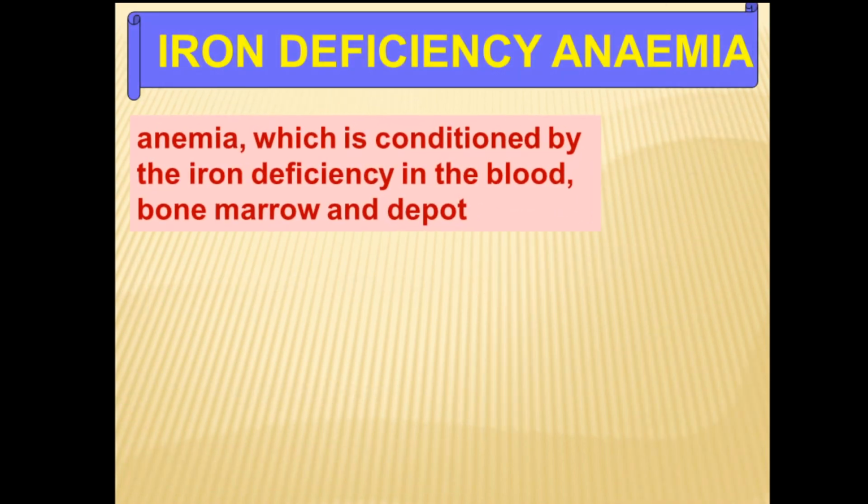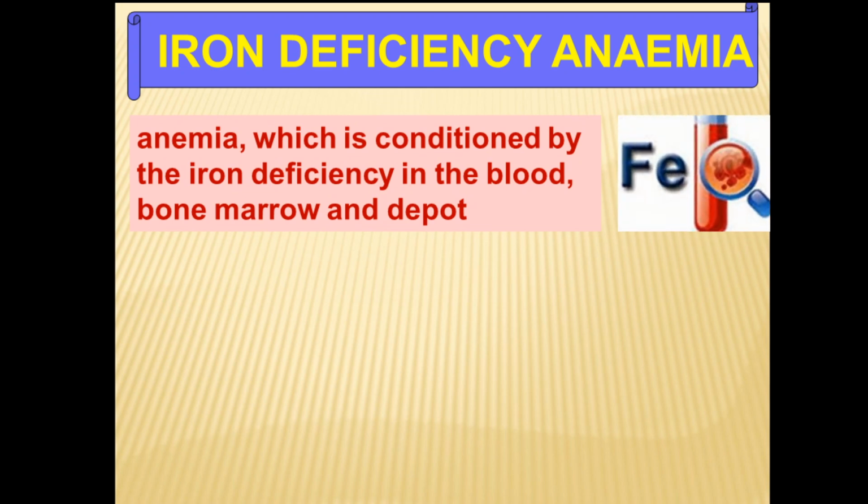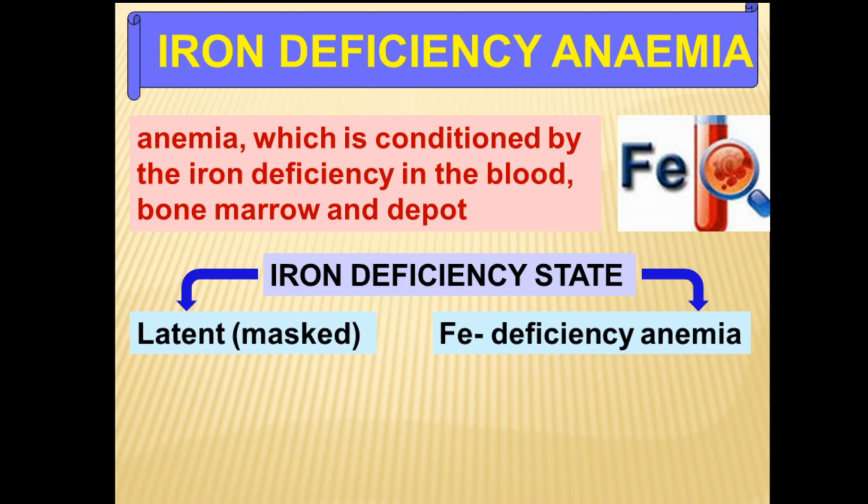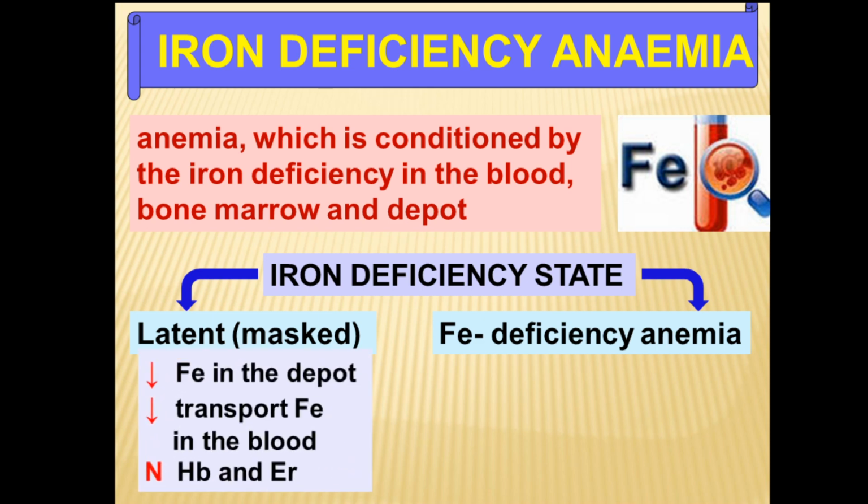Let's talk about the characteristics of iron deficiency anemia. It is anemia which is conditioned by iron deficiency in the blood, bone marrow, and depot. When we are talking about iron deficiency state, we distinguish two periods: latent, masked, and manifested iron deficiency anemia.